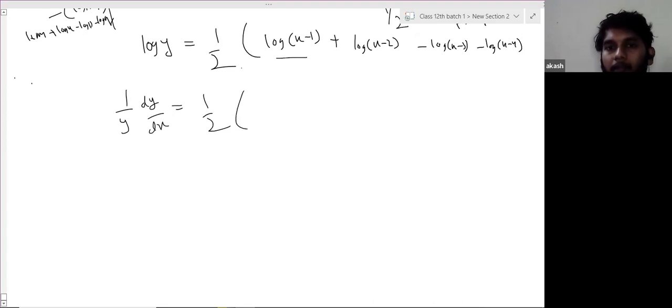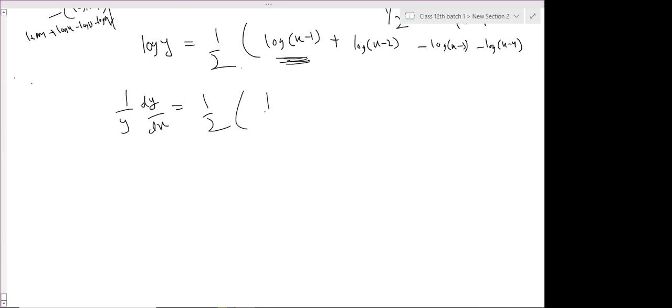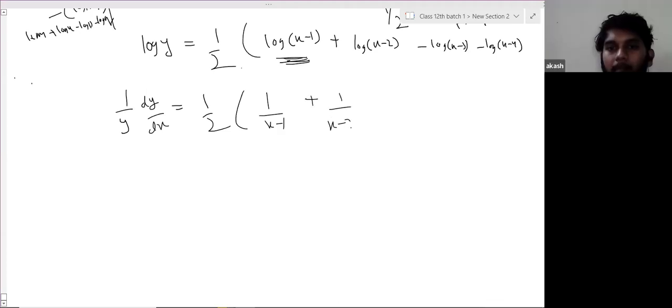What will be the differentiation of this function? 1 by x minus 1. 1 by x minus 1 plus 1 by x minus 2 minus 1 upon x minus 3 minus 1 upon x minus 4. Now you can take LCM and solve this one further.